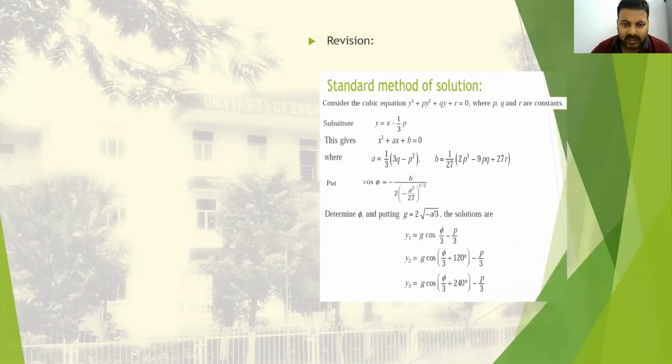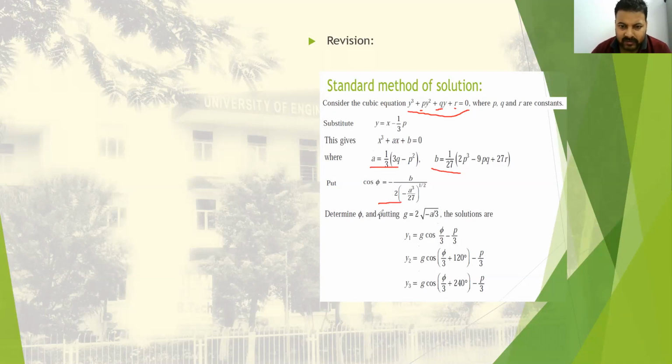So as you can see, we have an equation like this. This is a standard equation. However, the equation may be a little bit different, so we have to compare it in order to identify the values of P, Q, and R. Once P, Q, and R have been identified, with the help of these we can find A, B, and cos phi.